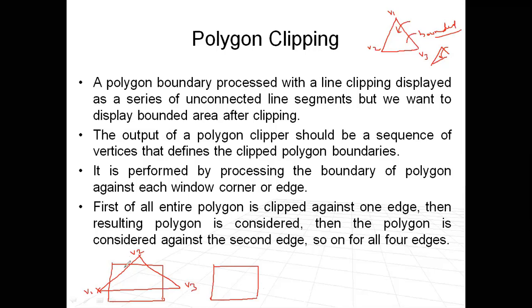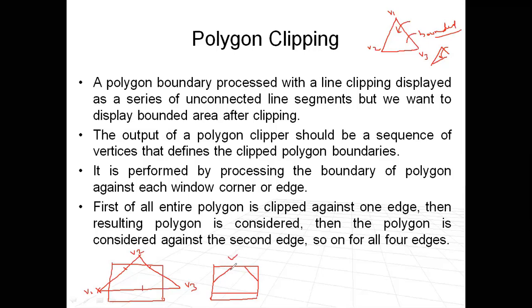So each and every line will be treated separately in the line clipping algorithm. So the resultant will be something like this. These lines are not connected together, so these line segments are unconnected. So it has given the result as a series of unconnected line segments.